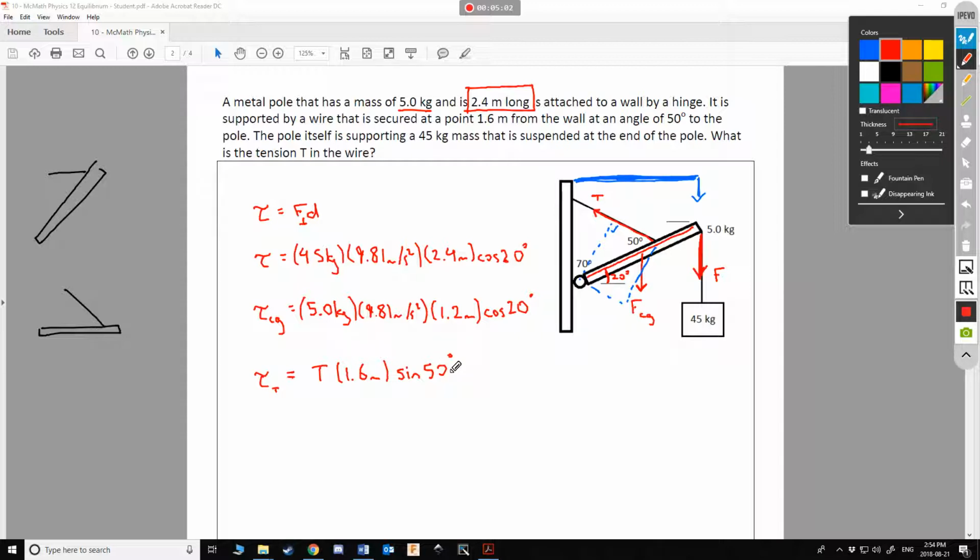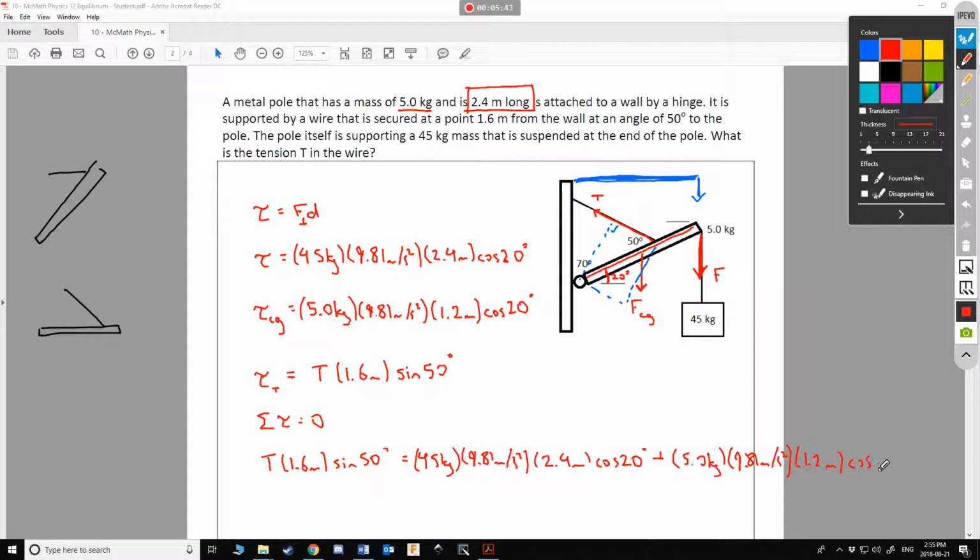We just set up our equation. We know that the sum of the torques must equal 0. So in this case, the counterclockwise must equal the clockwise. I'm going to write down T times 1.6 meters times sine 50 degrees is equal to 45 kilograms times 9.81 meters per second squared, multiplied by 2.4 meters cos 20, plus 5.0 kilograms multiplied by 9.81 meters per second squared, multiplied by 1.2 meters cos 20 degrees.